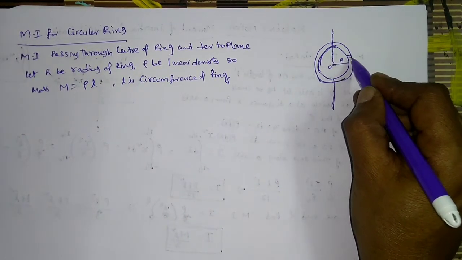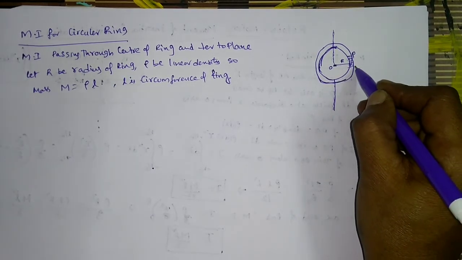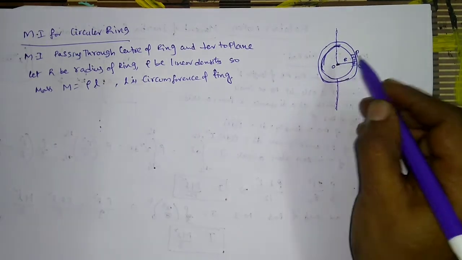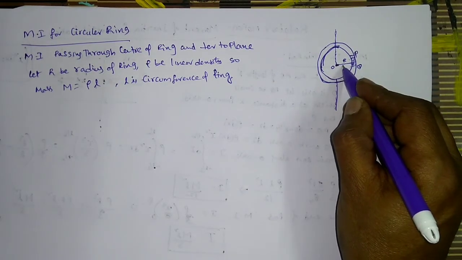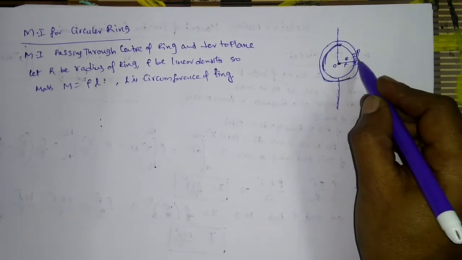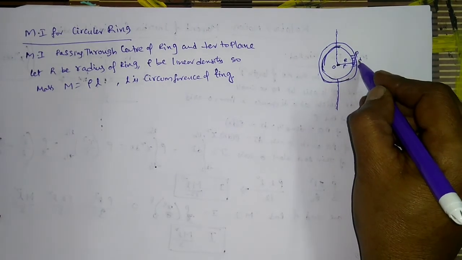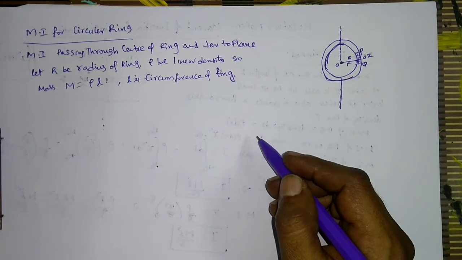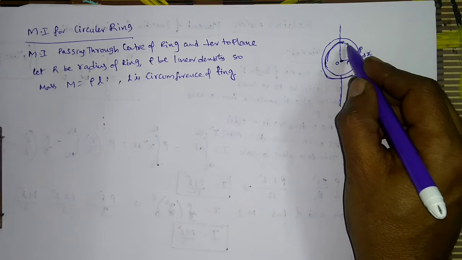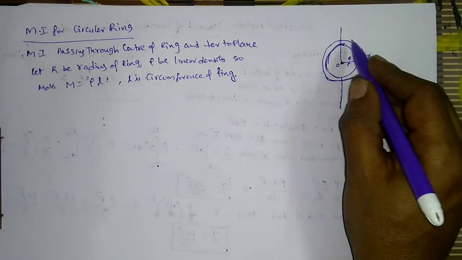Here I am considering a small element like this, named PQ. From the center to here it is a distance, let us say r, which is the radius. This small length element we can call dx. The total ring is a combination of so many dx elements forming the circular ring.